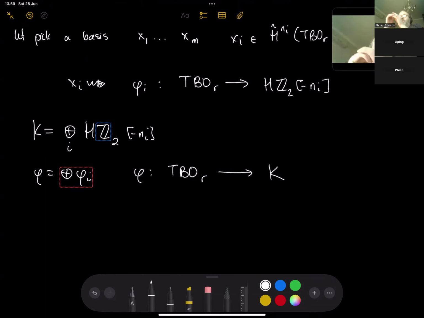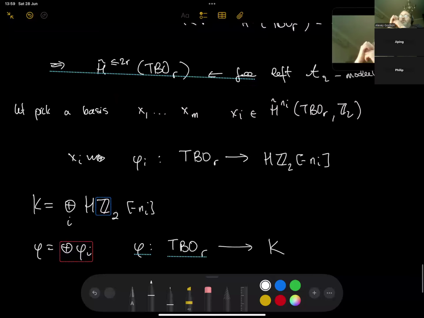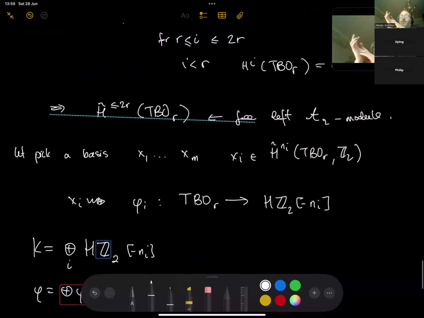Okay, so we choose a basis for, well, we basically have infinitely many generators of this free module, and we choose those generators which live in dimensions less than 2R, from R to 2R.